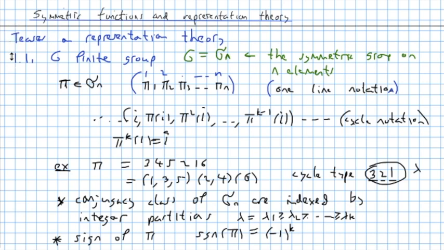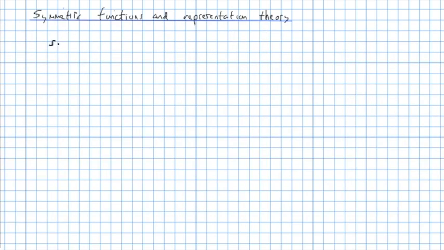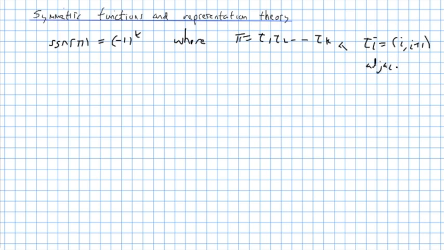So again, the sign of pi is minus 1 to the k, where if pi can be written as a product of k transpositions t_i, where t_i is what we call an adjacent transposition.